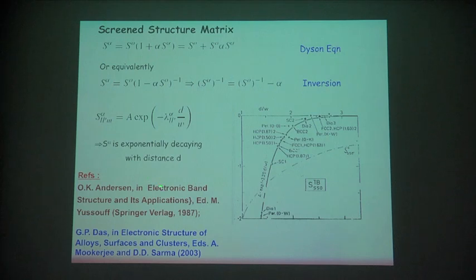And those of you who are interested in a poor man's review, I wrote an article, Electronic Structure of Alloy Surfaces and Clusters, in 2003. So if you want a poor man's review, then it is this one, and you can have a look at it, where all these details are given.